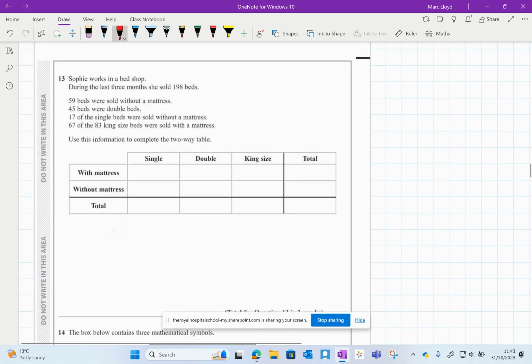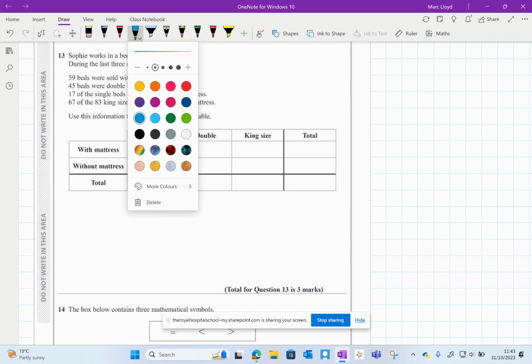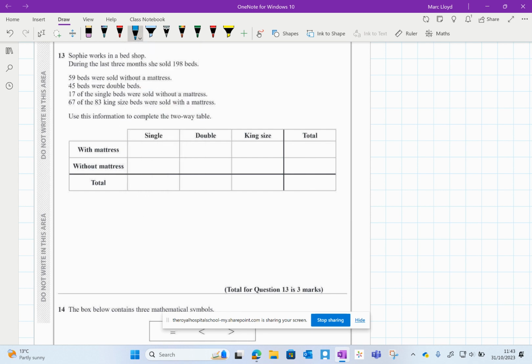Okay, question 13. Oh, this one takes a while. Right, I'm going to write what's given in the question in this beautiful colour. Is that purple? Sky blue. Hold on. Sophie works in a bed shop. During the last 3 months, she sold 198 beds. So that is the total. 59 beds were sold without a mattress.